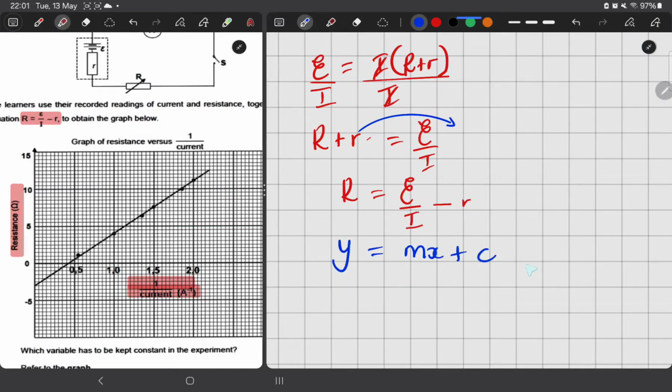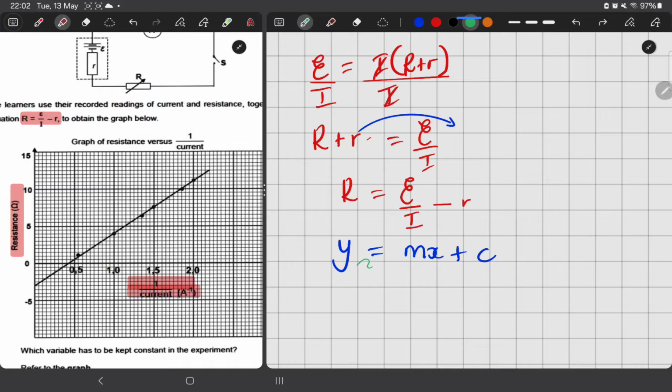So the straight line equation in its standard form is y equals mx plus c. So for this equation here, I have to make sure that it is written in its standard form, so that it will best suit this straight line equation.